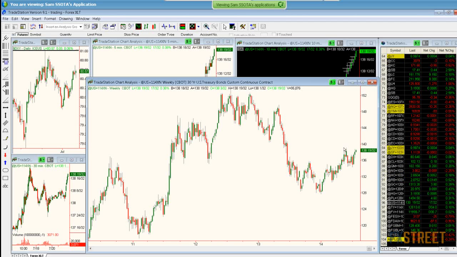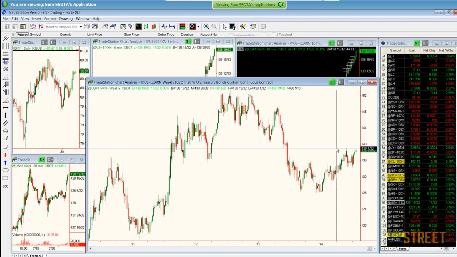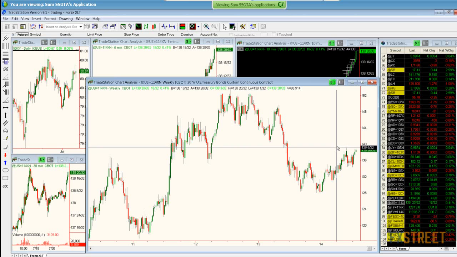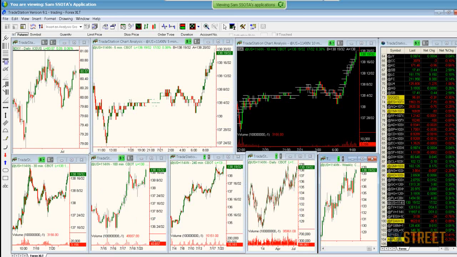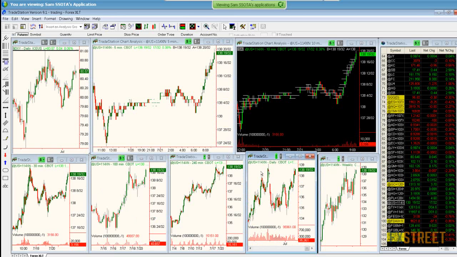So we barely came into the supply zone. The fact that we barely touched it, I don't even know if you could say you touched it. If we came up there again, we would expect this to be a pretty strong level. However, you do have a couple demand zones below. So I wouldn't look for the 30-year to really crash anytime soon. You're really stuck in between those two areas.